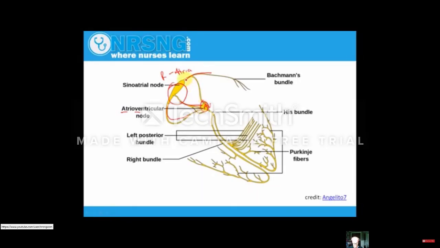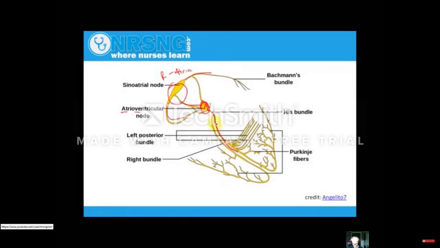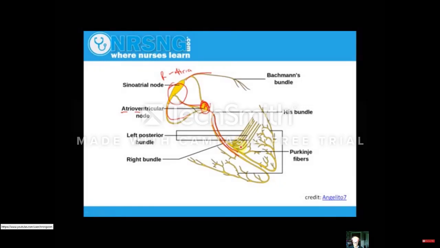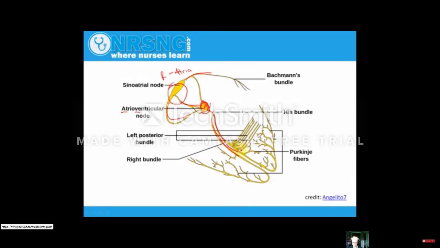So the impulse travels from the SA node down to the AV node, which sits right between the atria and the ventricles, and from there it travels down the bundle of His and into the Purkinje fibers. These Purkinje fibers initiate ventricular squeeze.